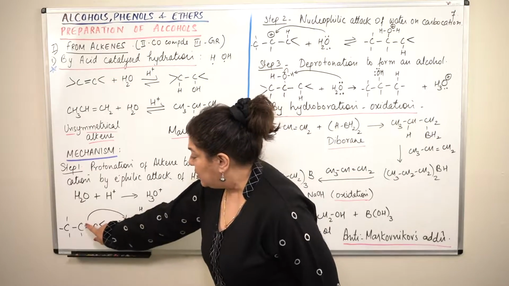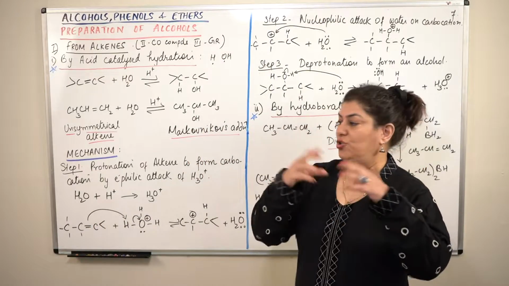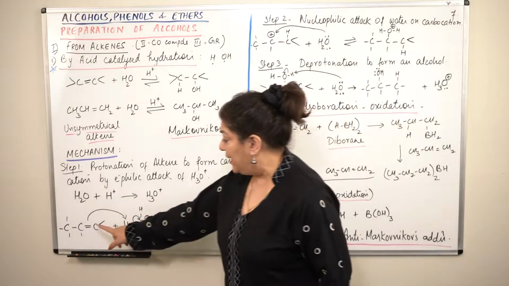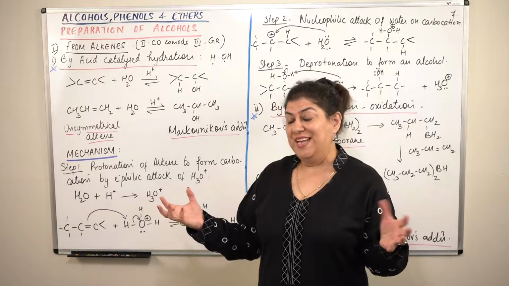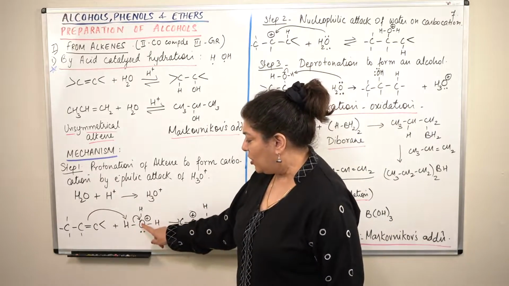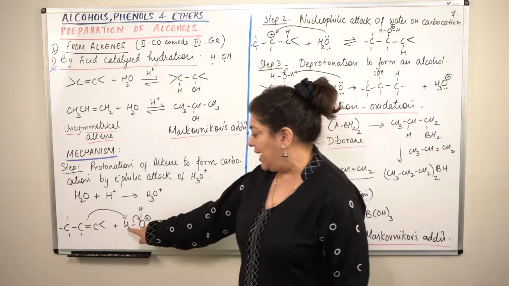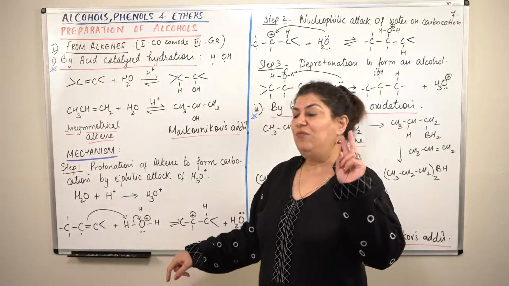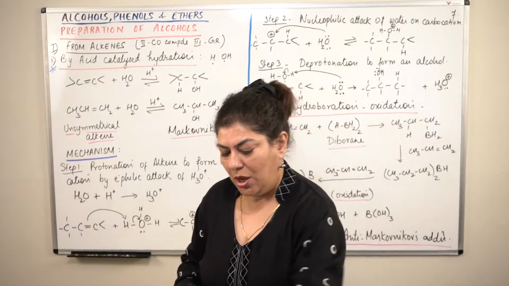So the second bond here breaks. We know the pi bond is always weaker, so the two electrons separate. These two electrons now, H3O positive is positively charged. Since it is positively charged, what will happen? The oxygen of the water molecule has lone pairs of electrons; in a water molecule, oxygen has two lone pairs of electrons.